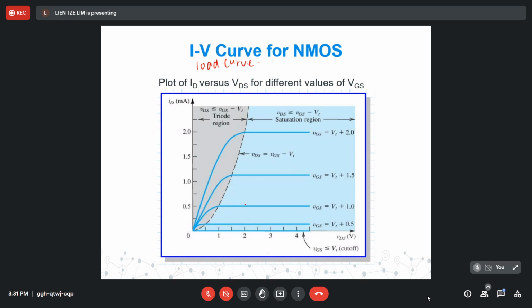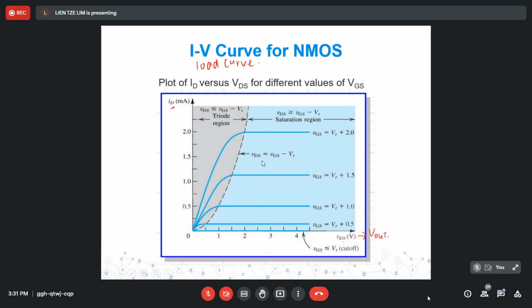So this curve we label it. If you refer to this curve, you see that this is the drain current and this is the VDS. VDS means the output voltage. Here there are different lines in the curve.